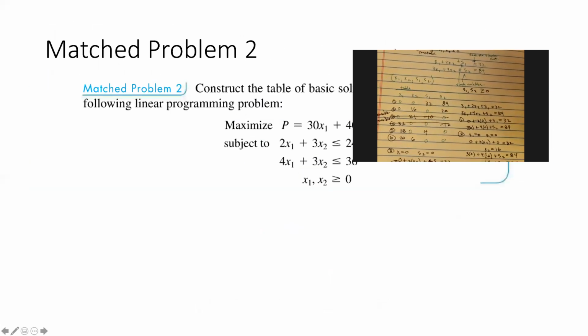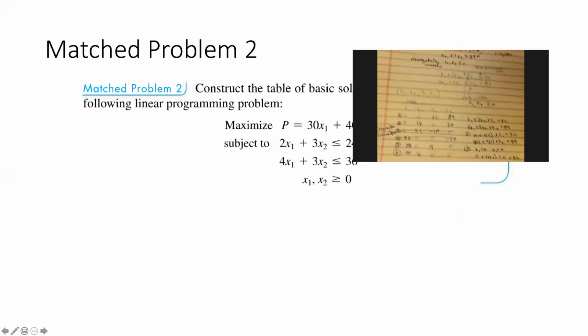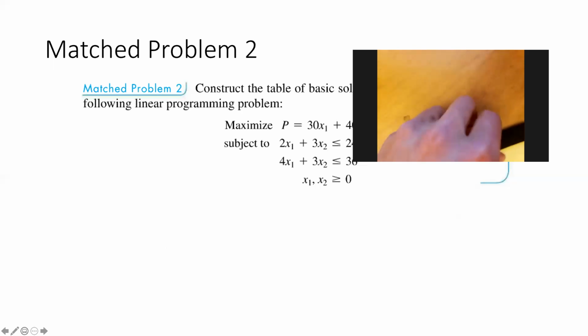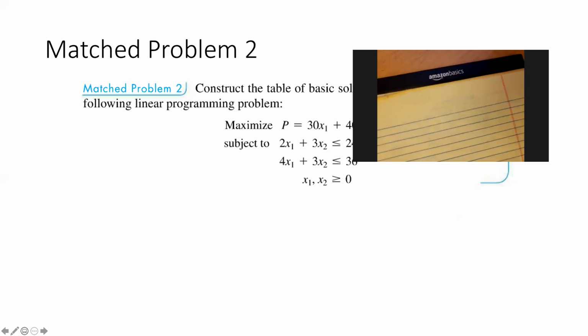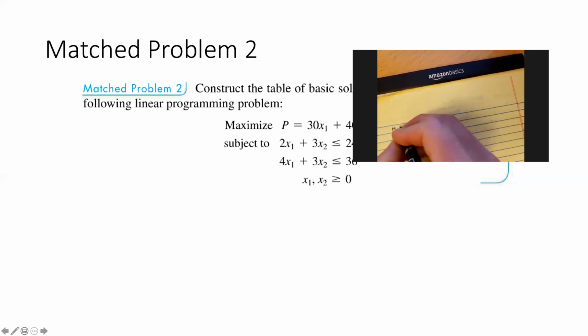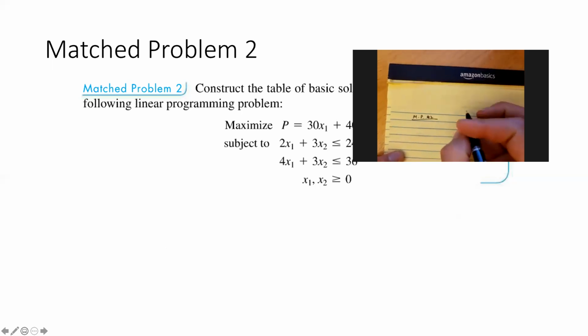All right, so let's do a match problem now that I've introduced this new concept to you. So I'm going to put this right here. Yeah, that'll be good. All right, so I'm going to move my scratch paper over to the next page. All right, so we have the matched problem, number 2. So let's write down all the information we have.